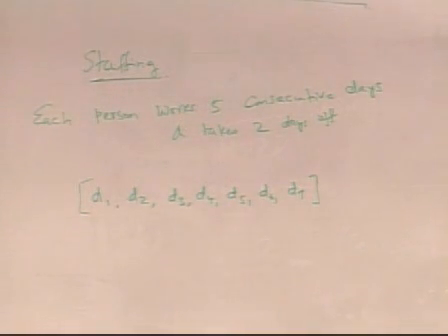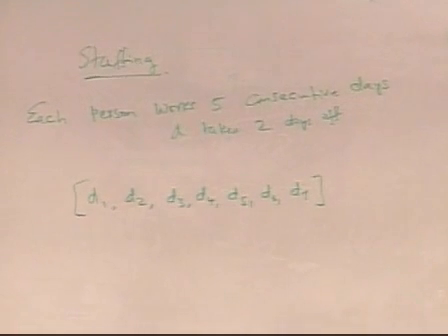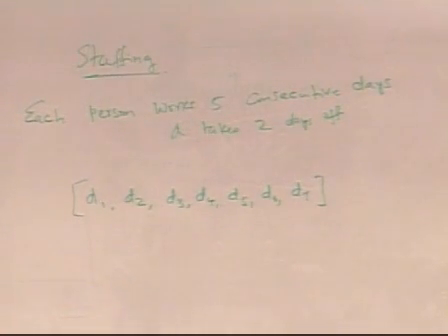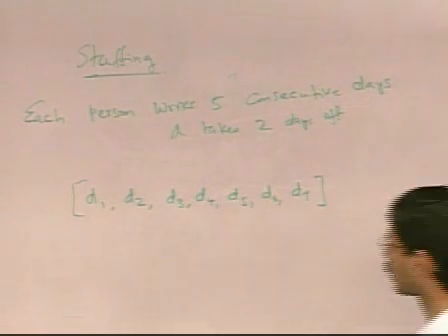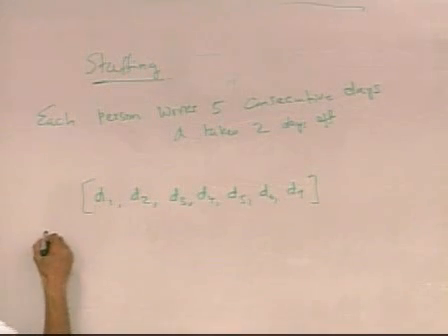So the question is, how would you find a feasible staffing schedule that involves hiring the fewest number of people? You want to minimize the total number of people working for you.